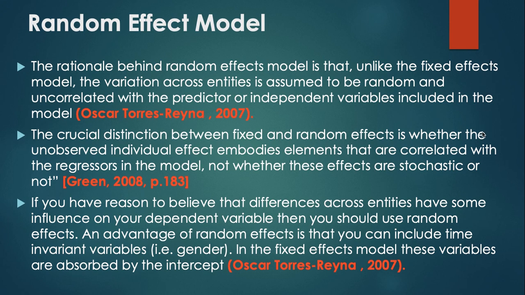If you have reason to believe that differences across entities have some influence on your dependent variable, then you should use random effect. An advantage of random effect is that you can include time invariant variables, for example gender. In the fixed effects model, these variables are absorbed by the intercept.